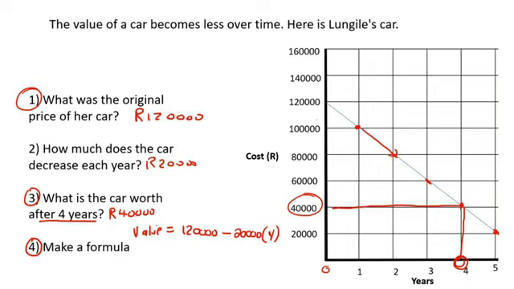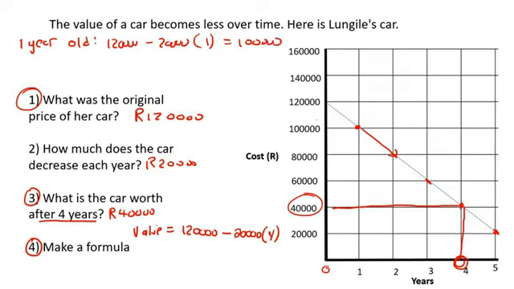For example, if the car is 1 year old, then you would say 120,000 minus 20,000 times 1, okay? And so that's going to give you 100,000, which is what we see.